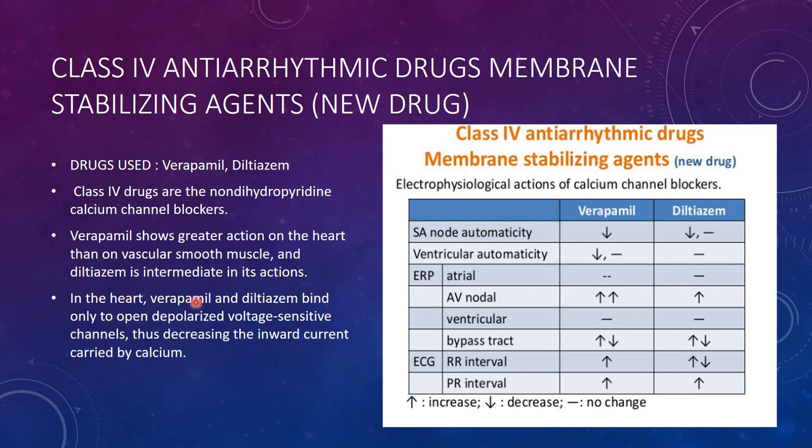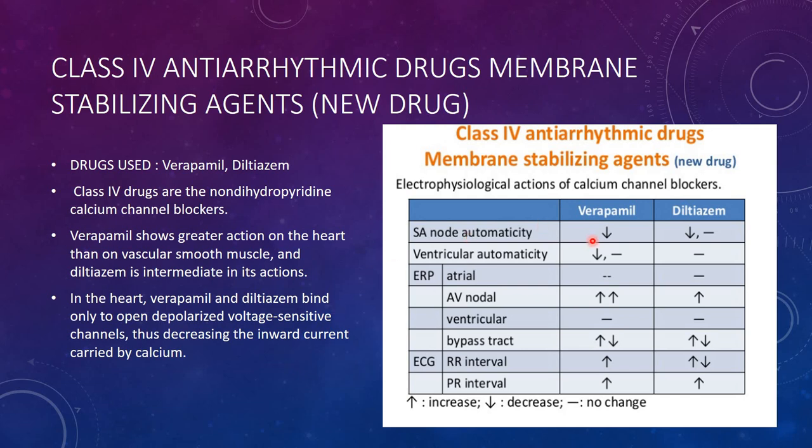In the heart, verapamil and diltiazem bind only to open, depolarized voltage sensitive channels, thereby decreasing the entry of calcium ion. So these are the calcium channel blockers and they block the entry of calcium. Examples are verapamil and diltiazem.